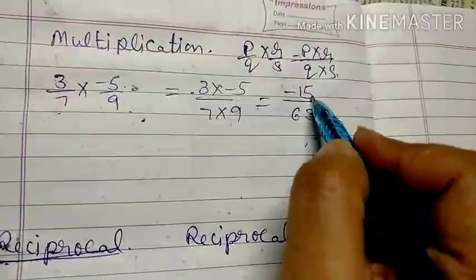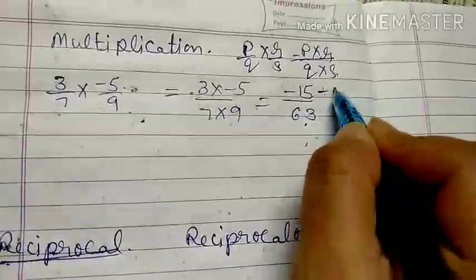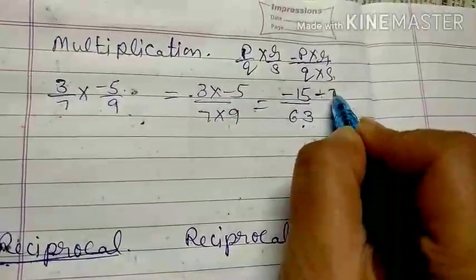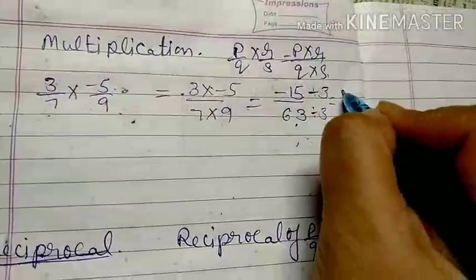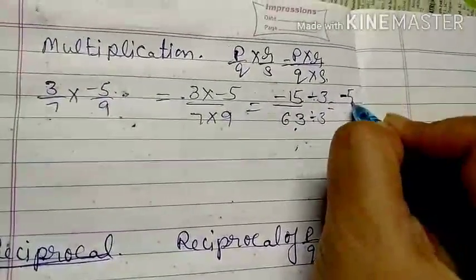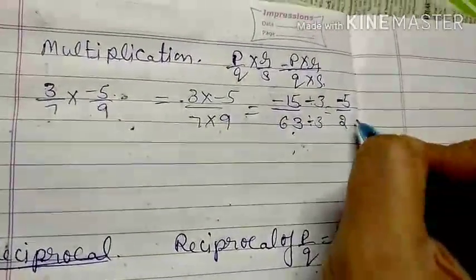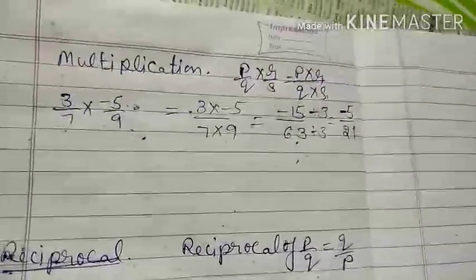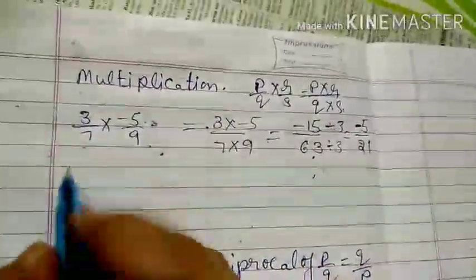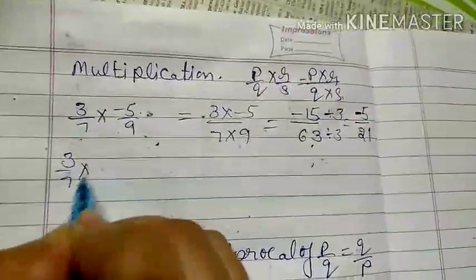When you check the HCF for 15 and 63, this is 3, that goes in the 3 table. So if I divide by this, that becomes minus 5 by 21. Minus 5 by 21 is the lowest form. Or you can cancel here.